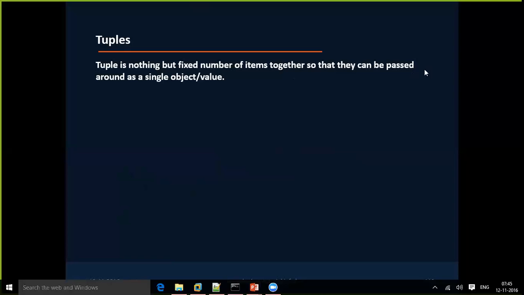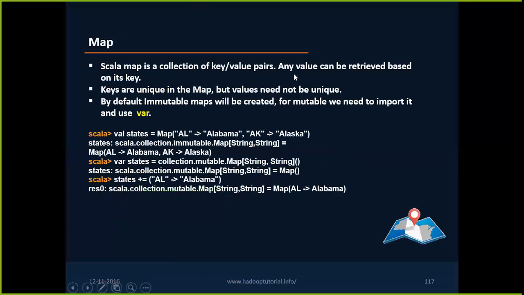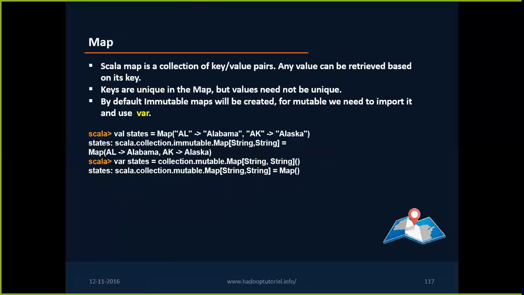So once you declare a list as a list of string, or a set as a set of string, or a map of string comma string, then you can store elements of those data types only. You cannot mix strings, integers, floats, doubles all together in one collection. So that nature you can achieve through your tuples.